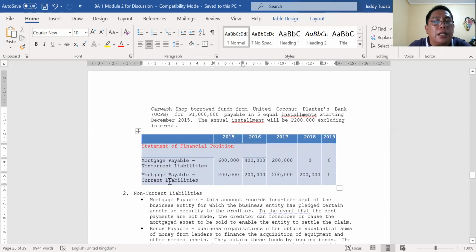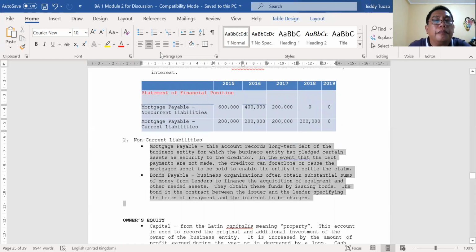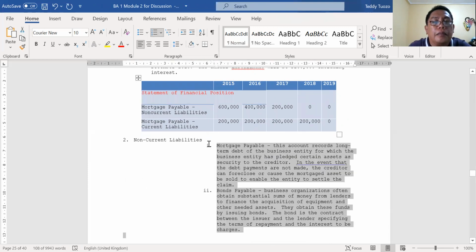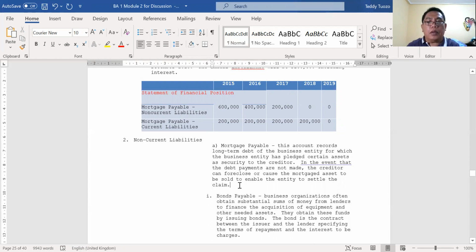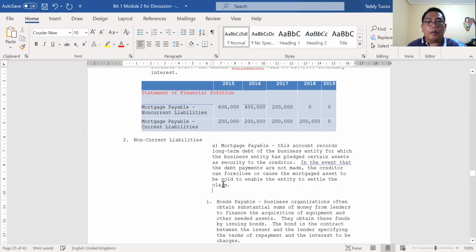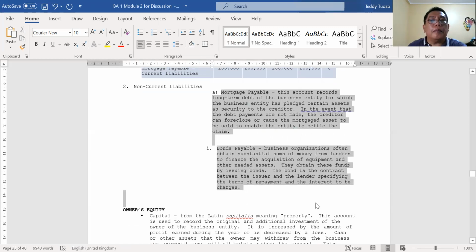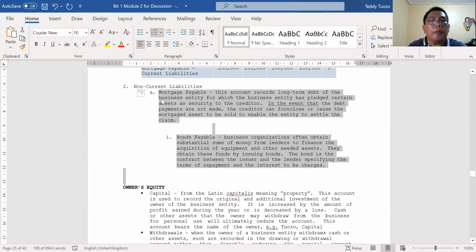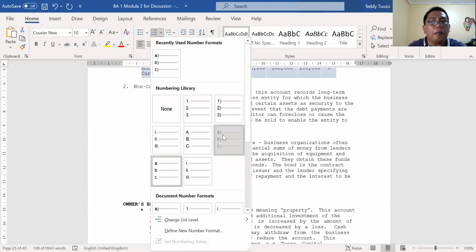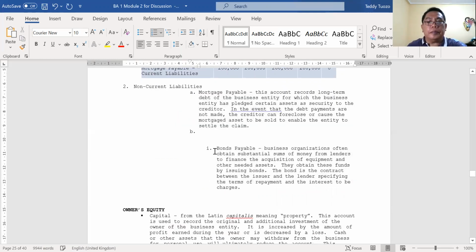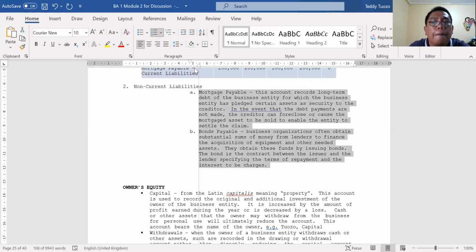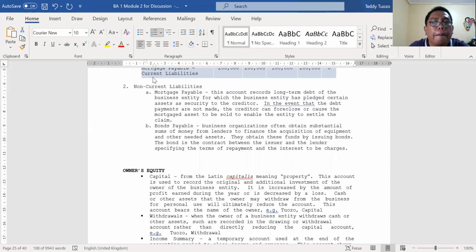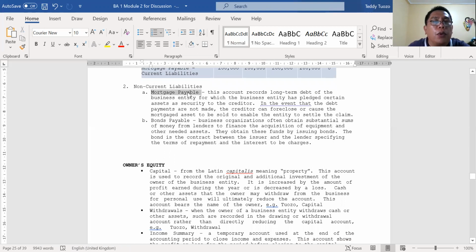Then under non-current liabilities, we have two accounts: the mortgage payable and the bonds payable.